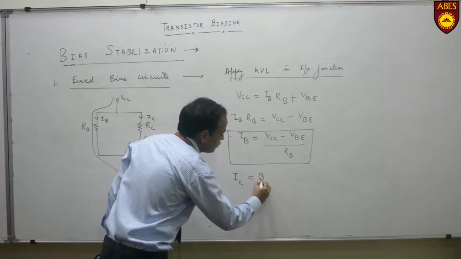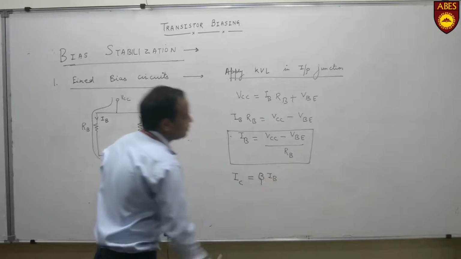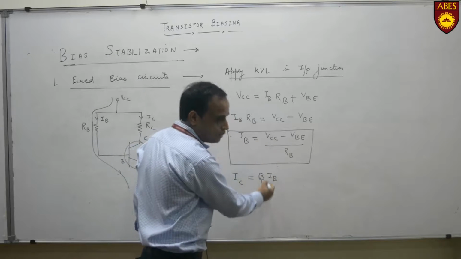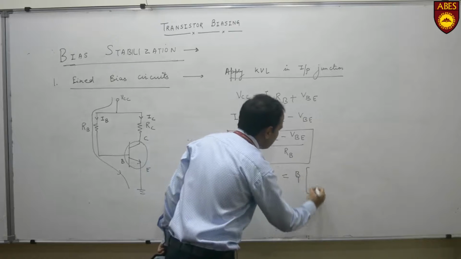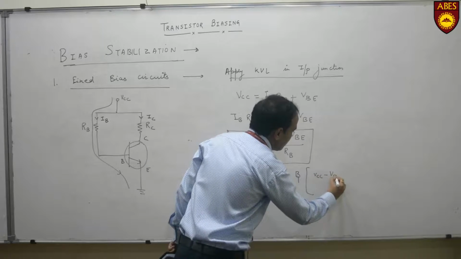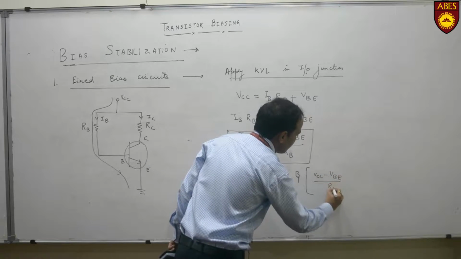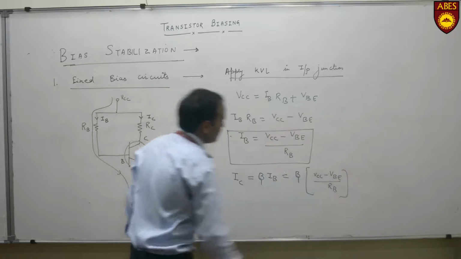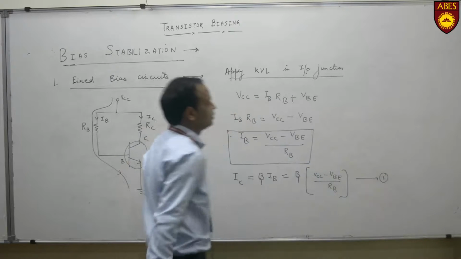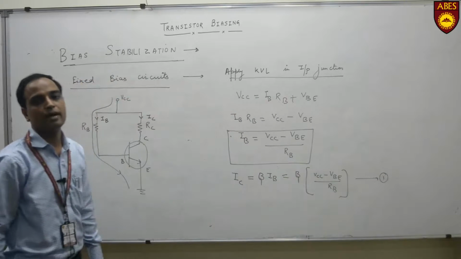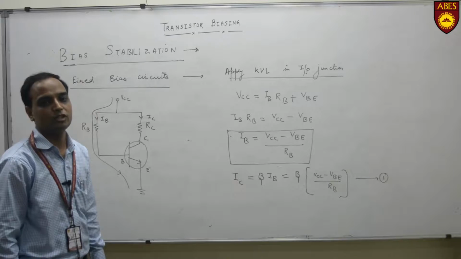IC is equal to beta into IB. Now put the value of IB into this expression. We get IC equal to beta times VCC minus VBE upon RB. So we have achieved the value of IC by applying KVL in the input junction.